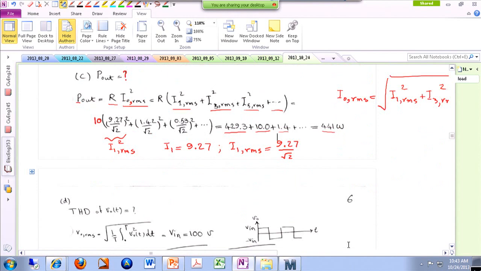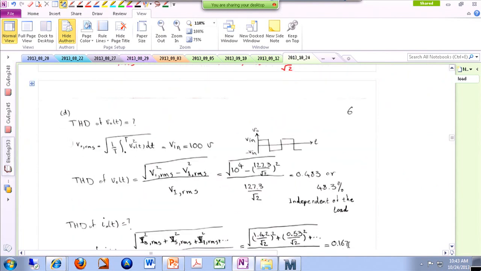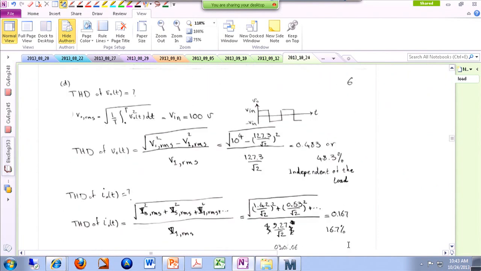All right, one more thing. What is the total harmonic distortion of the output voltage? Go back to the original definition. The fundamental harmonic that we need is V1 RMS, and in the numerator all the undesired components.